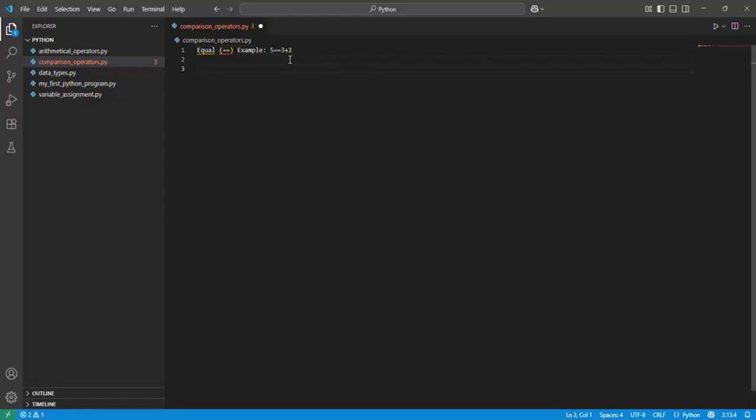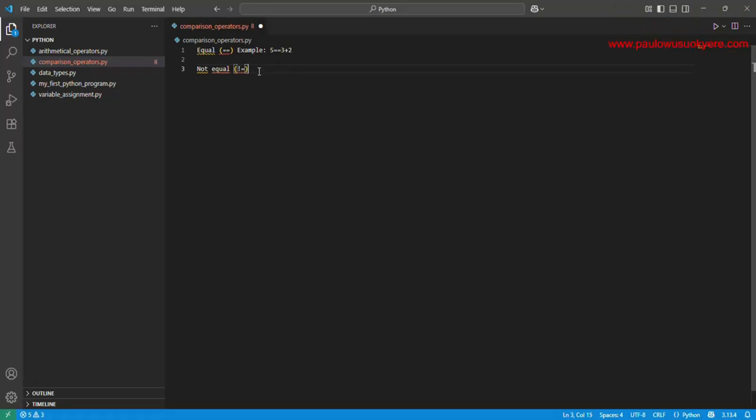The next operator is not equal, and that one is written as an exclamation sign and then one equal sign.